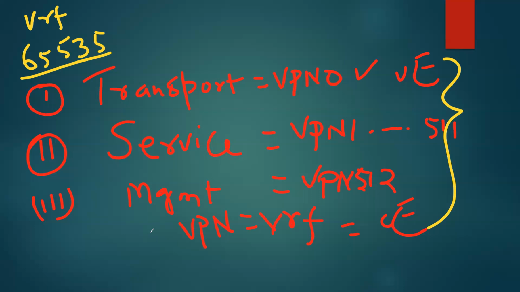Like that, 4, 5, 6, not more than that. So even this is a good number of VPNs or VRFs. We're not going to cross this number. But if it is a big ISP with many customers using SD-WAN, then it may cross the limit, right?